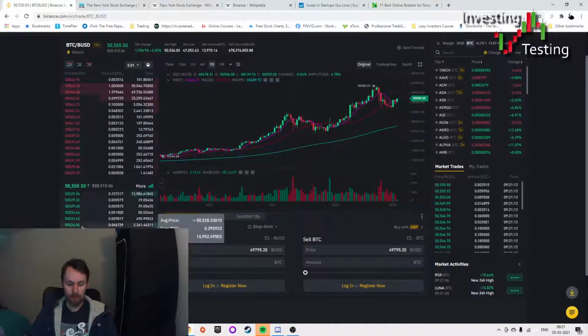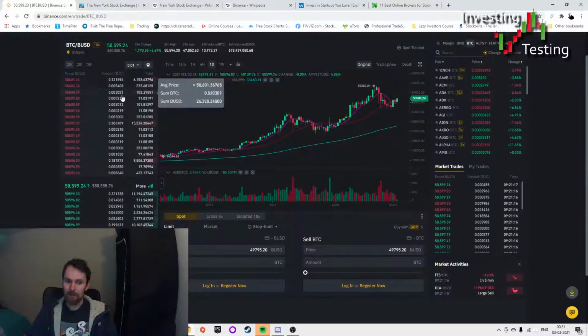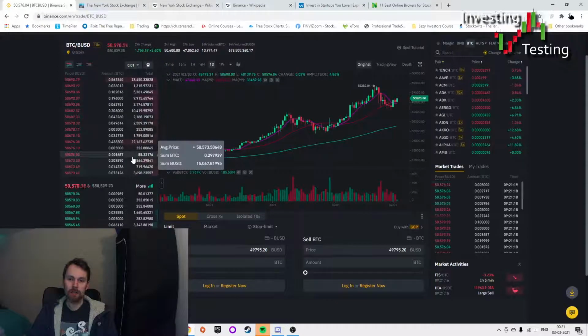And that is essentially what an exchange does. It's buying and selling of stocks or commodities, or in this case, Bitcoin, crypto.